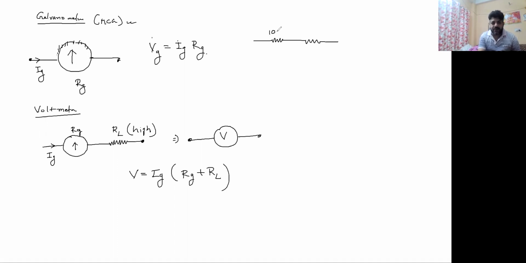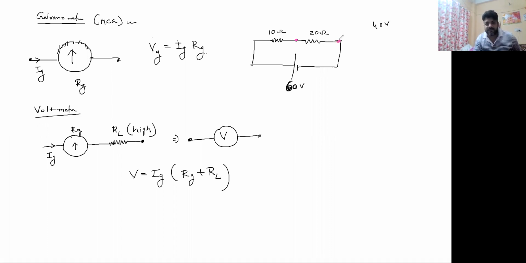Suppose you have 10 ohm and 20 ohm connected with a battery of 60 volt. So we know the current is 2 ampere. What is the voltage across this one? The voltage is 40 volt. Yes or no?